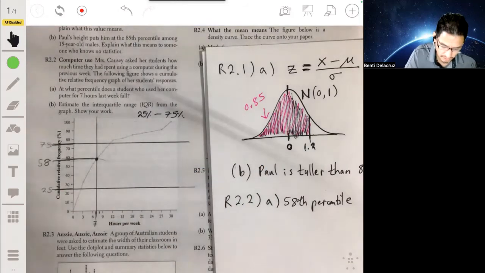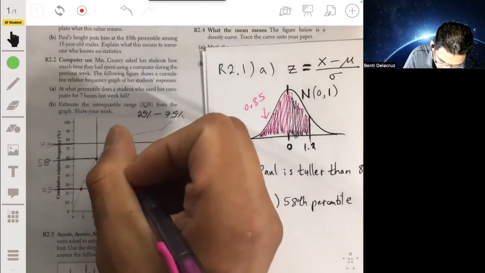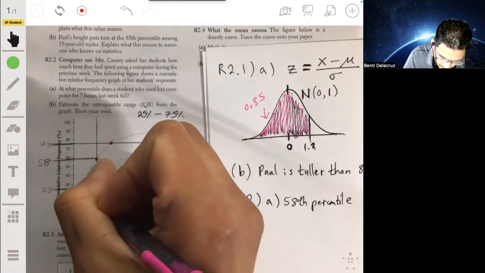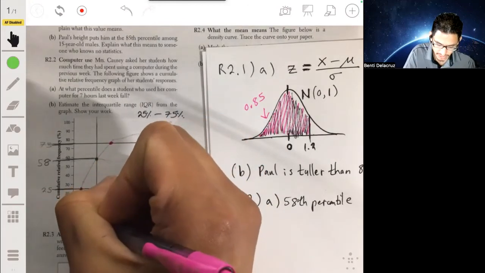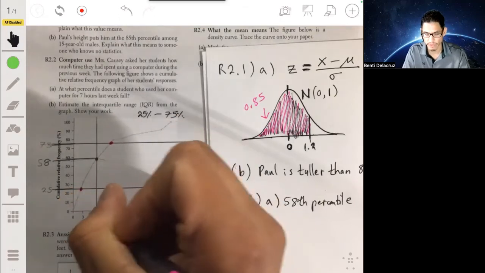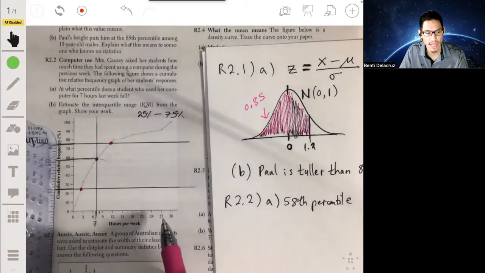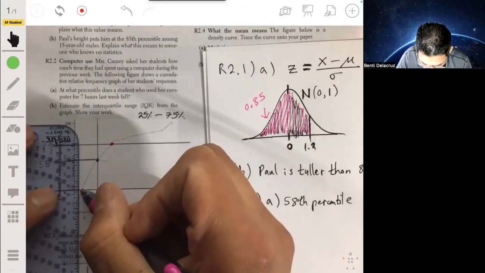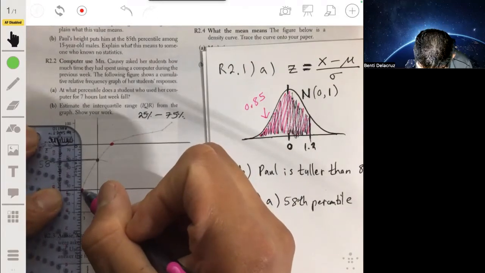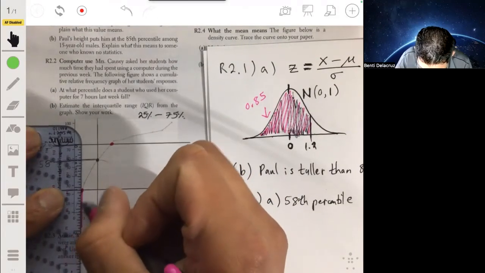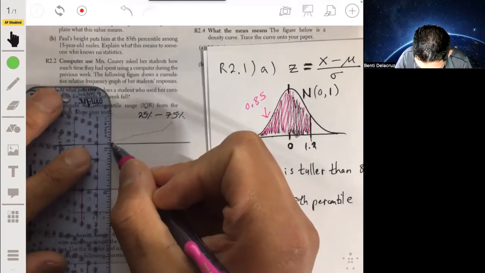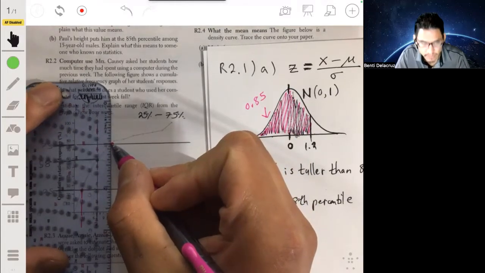So I'm looking at this point and this point. Then I draw a perpendicular vertical line and see where it goes through the x-axis. So kind of going backwards from part A. Dropping that there, doing my best.